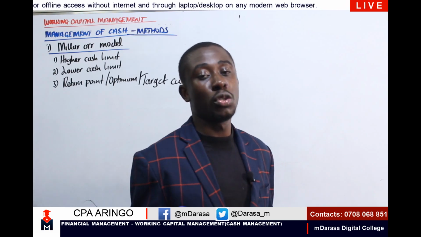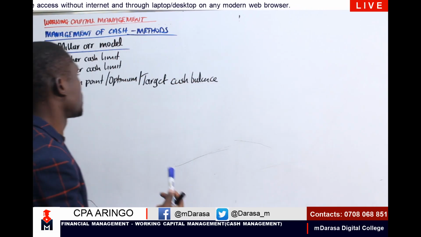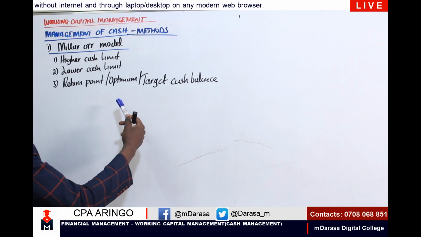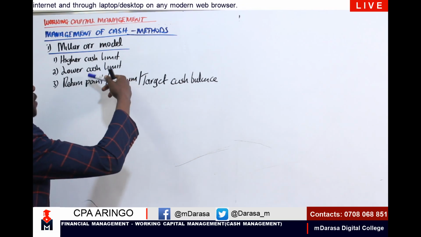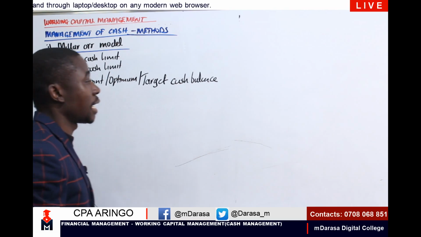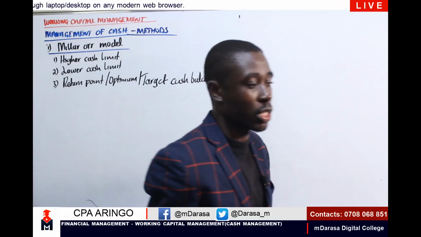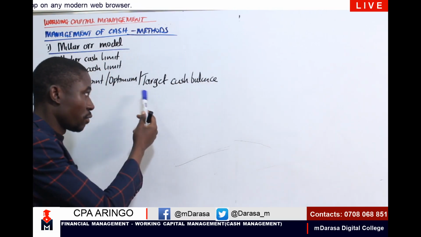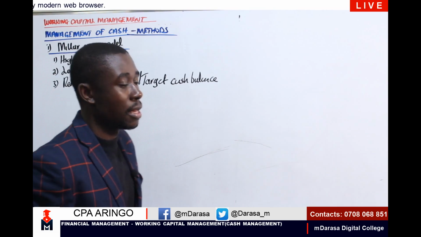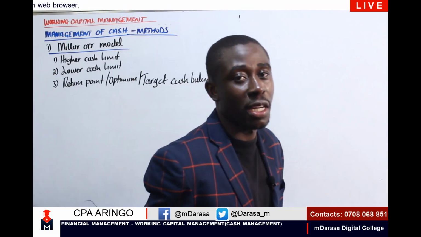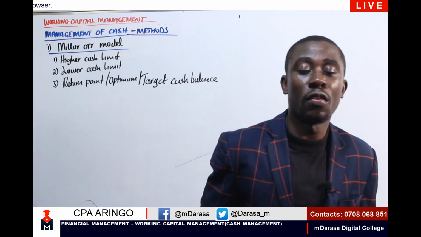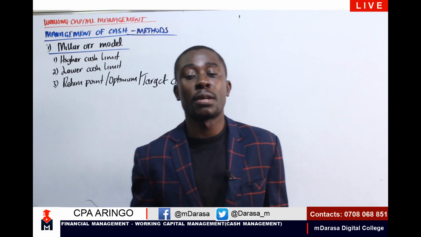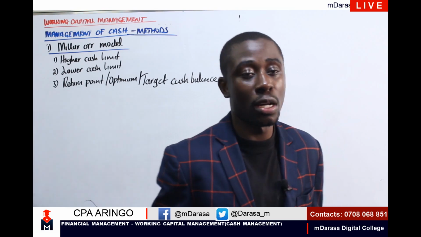Recall that many times the firm will make sure that this cash is fluctuating between the lower and higher cash limit. So for us to achieve this optimum balance, which you are referring to as the return point, it is always going to be expressed as a third of spread.